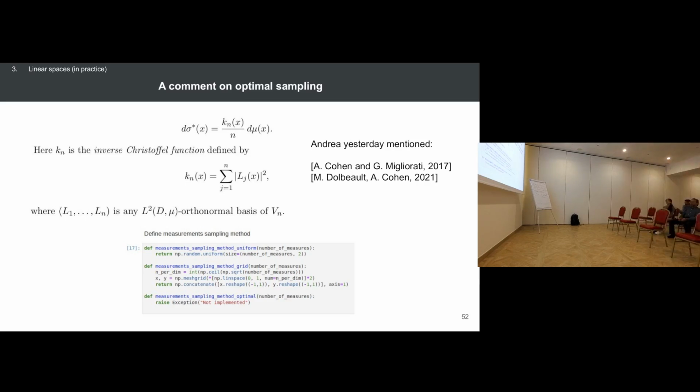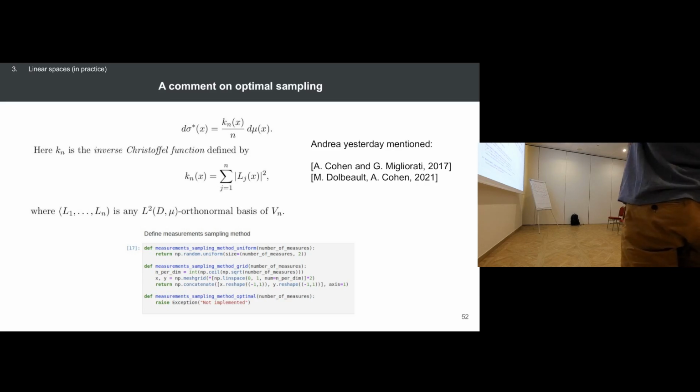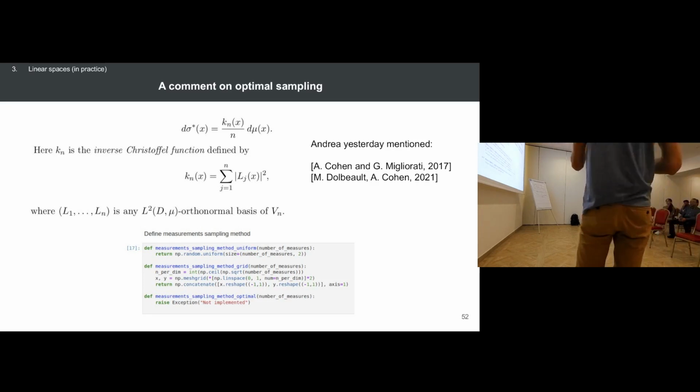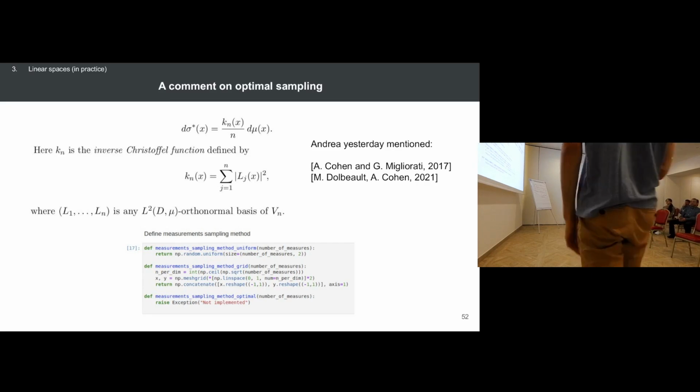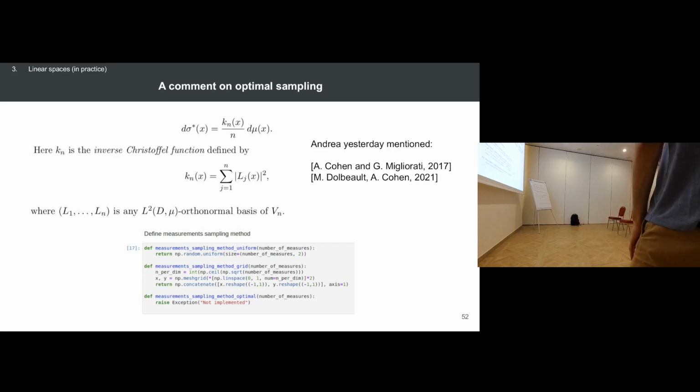The idea is that once you have your basis built, you would like to say, in the active setting, I would like to know beforehand where it would be best to sample. So the idea is to sample following some probability distribution that is linked to the basis you have built.